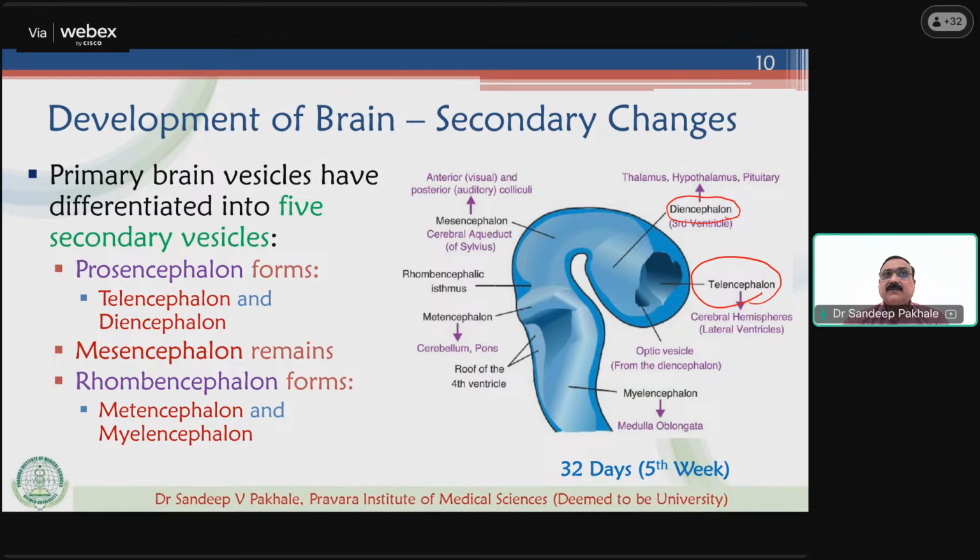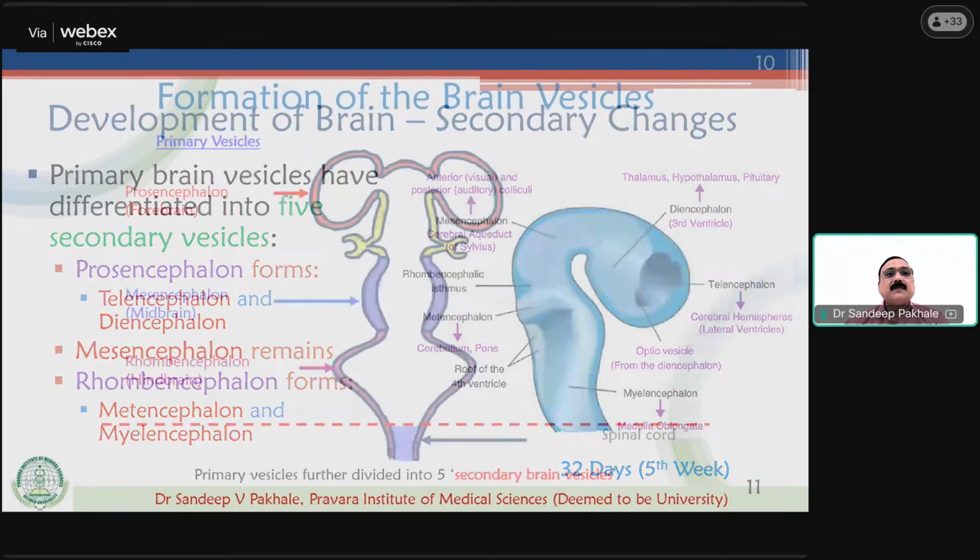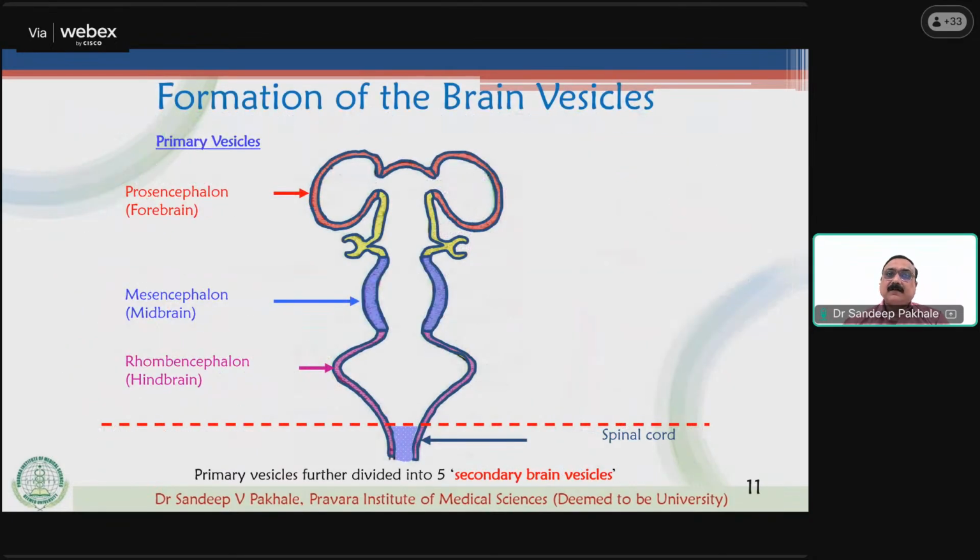The cavity persists as the third ventricle, and it is connected to the lateral ventricle via the foramen of Monro. So these are primary vesicles which start converting into the further 5 vesicles.